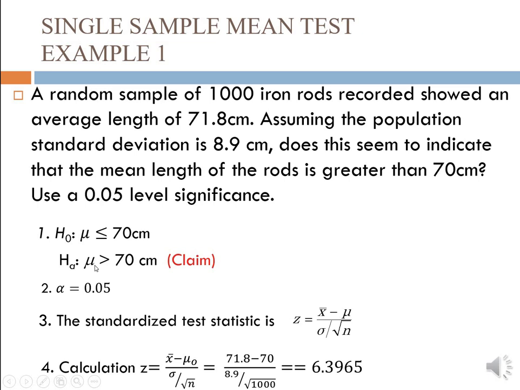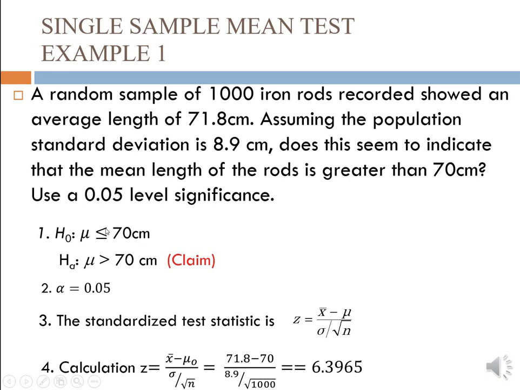Mu, which is the mean length, is greater than 70 centimeters. This is the claim. Then the second step is to write the opposite statement guided by the table earlier provided. So that will be mu is less than or equal to 70 centimeters.